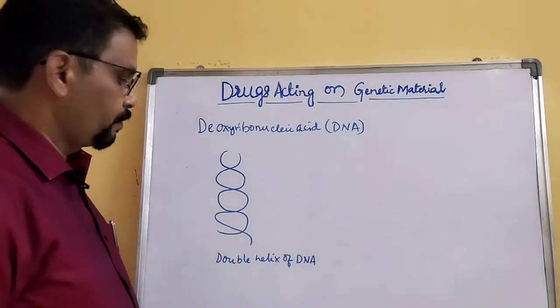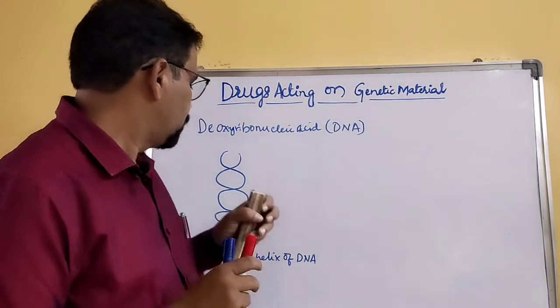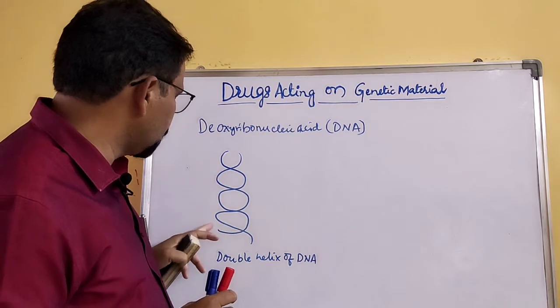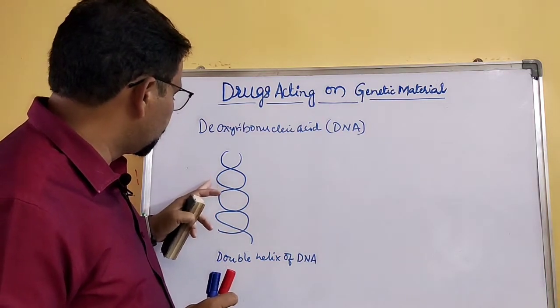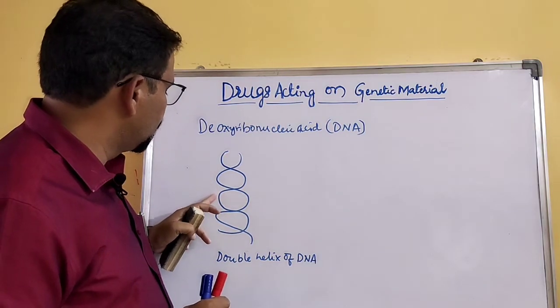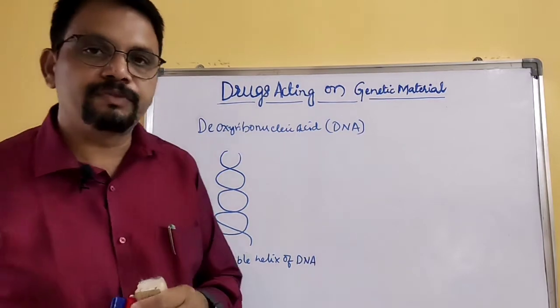DNA contains two strands which are attached together by hydrogen bonds in between base pairs.